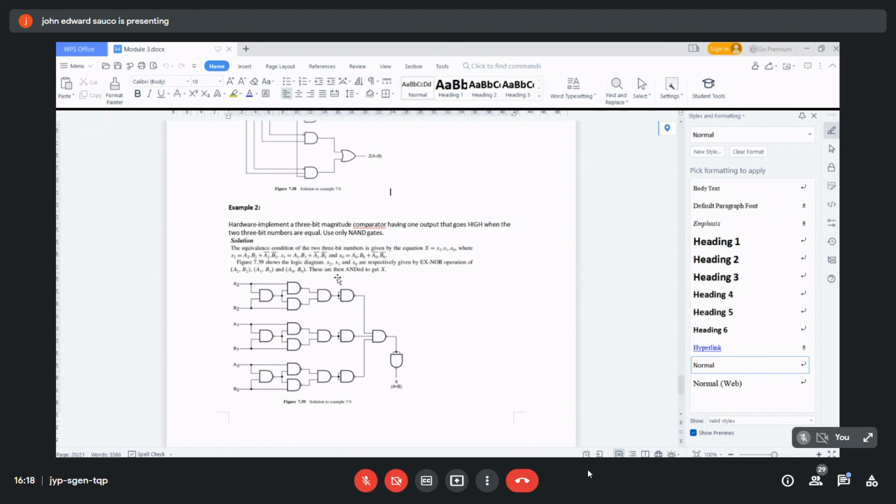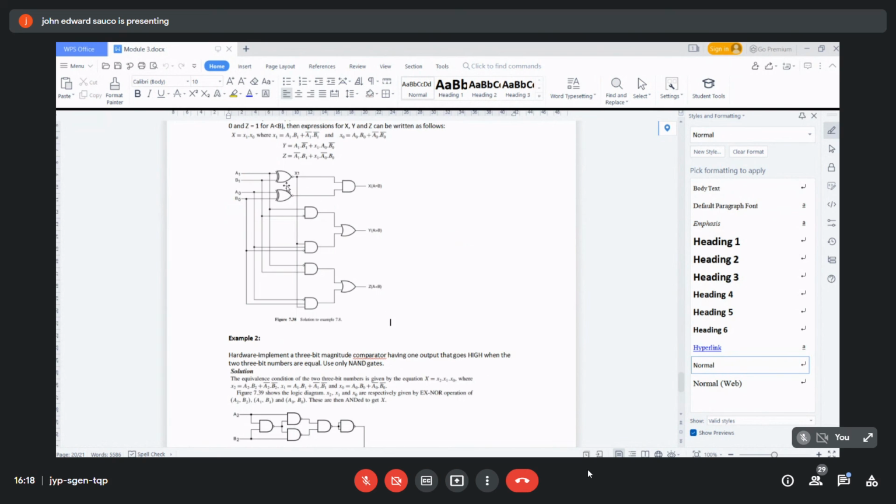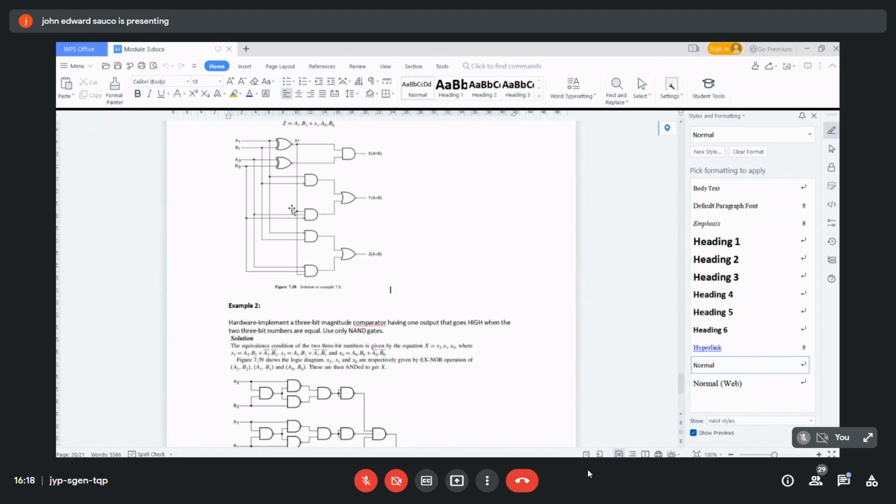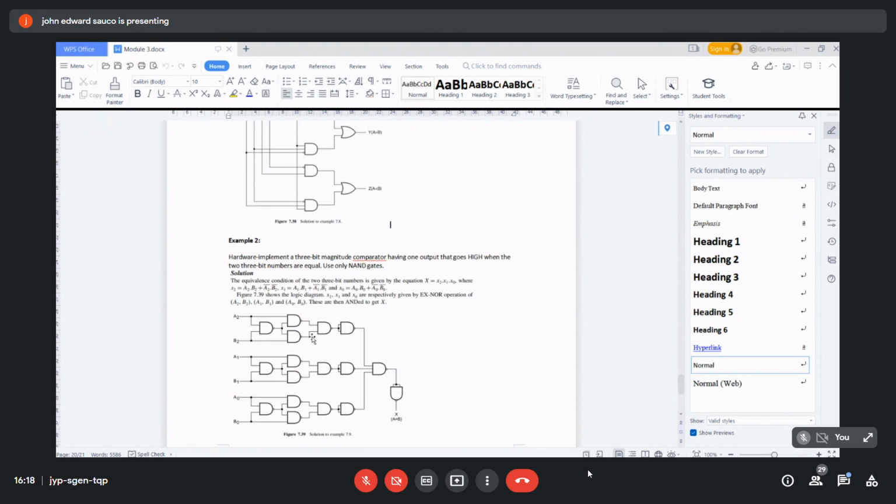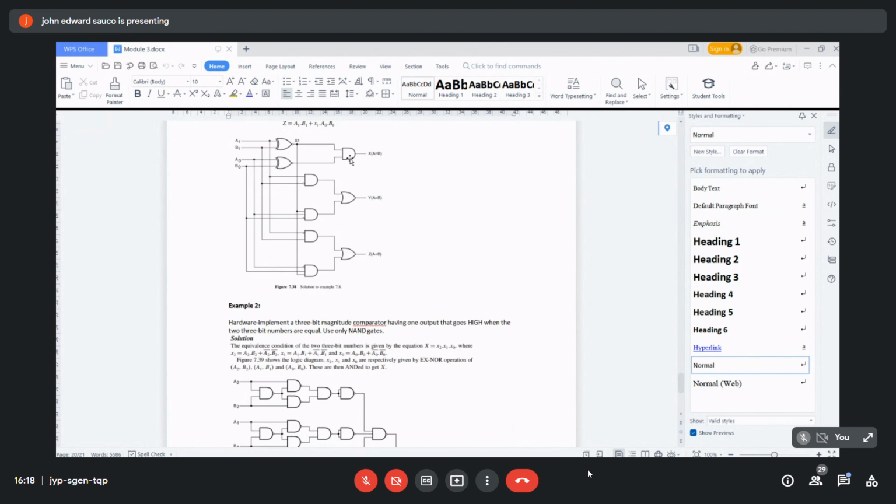Ganyan ating XOR na NAND gates only. XOR ulit. XOR. And ito na. Puro NAND lang. So, kung gagawin mo lang itong mga to, ayan. So, the equal. Ayan. XOR, XOR. Okay. XOR, XOR yan. Hanggang dito, XOR yan. Hanggang dyan.